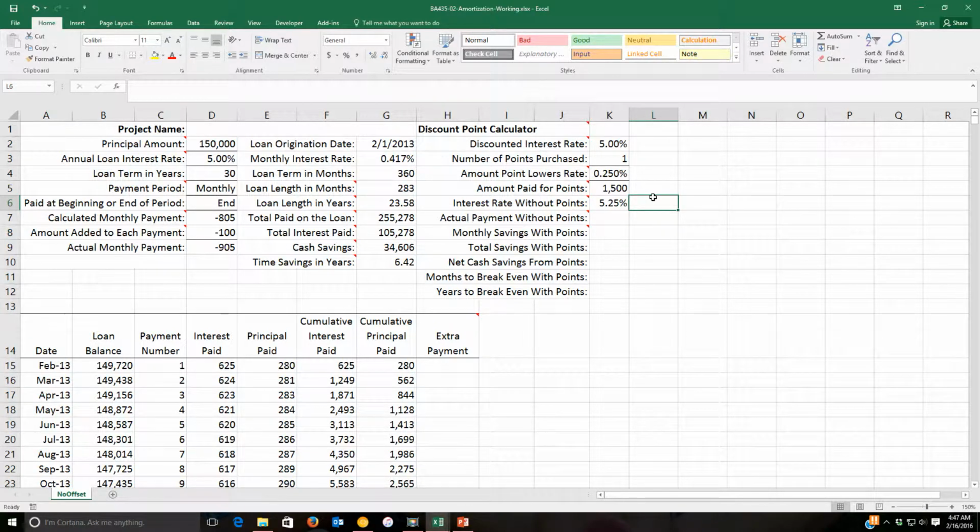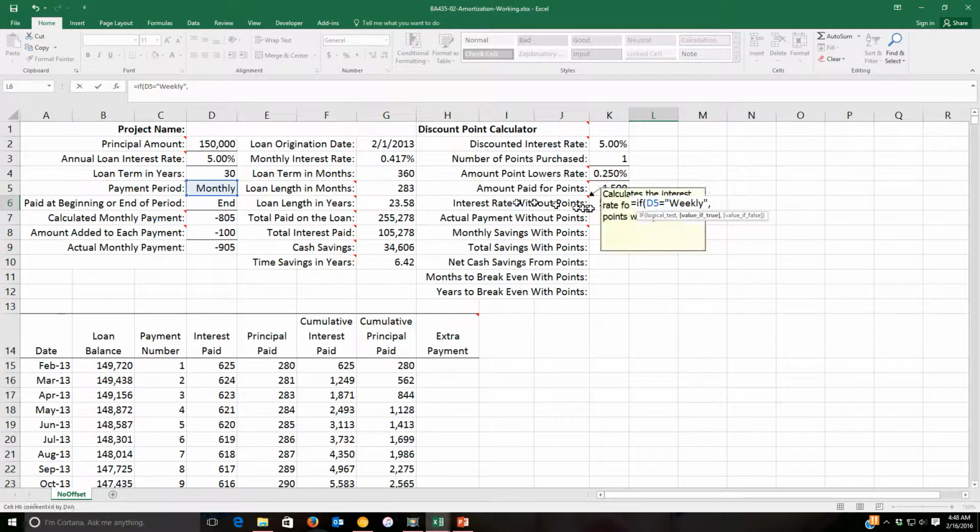Again, we're going to go back and take a look at the period that we selected. So if in the period section here we selected weekly, then we are going to take the value in cell K6, our interest rate, and we're going to divide it by 52 weeks in a year.